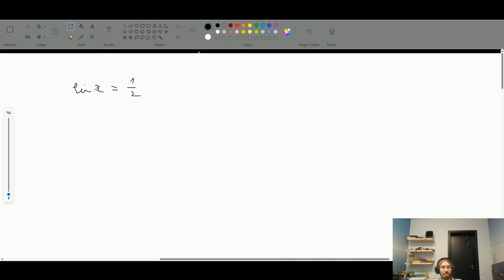Well, before you solve any trigonometric equation, you need to pay attention to the domain and range of the function. The domain of the function is all x's that can be put into the function to get some sort of result for y.